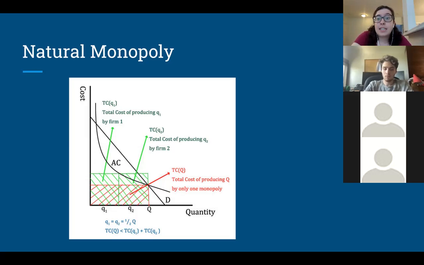Setting that system up is really expensive, but once it's set up, it's not that expensive to send each additional letter. But creating a whole new postal service would be enormously expensive. Other examples like broadband and utilities are generally natural monopolies. Natural monopolies are not really bad, and they're often owned by the government. Just know that those are a type of monopoly that might be referred to.